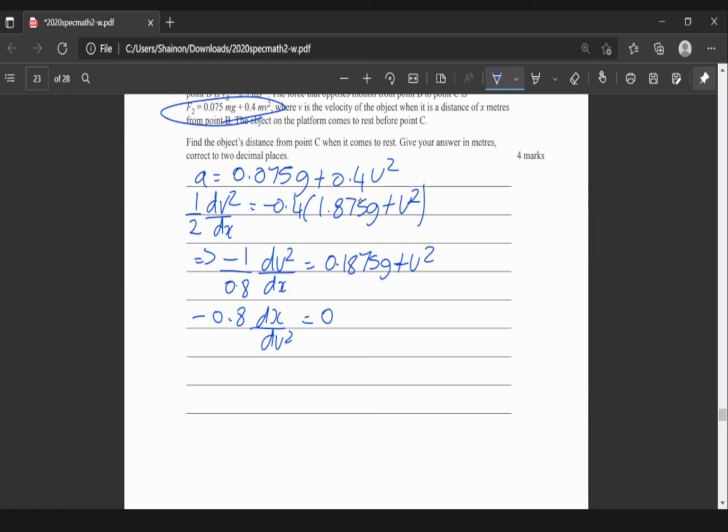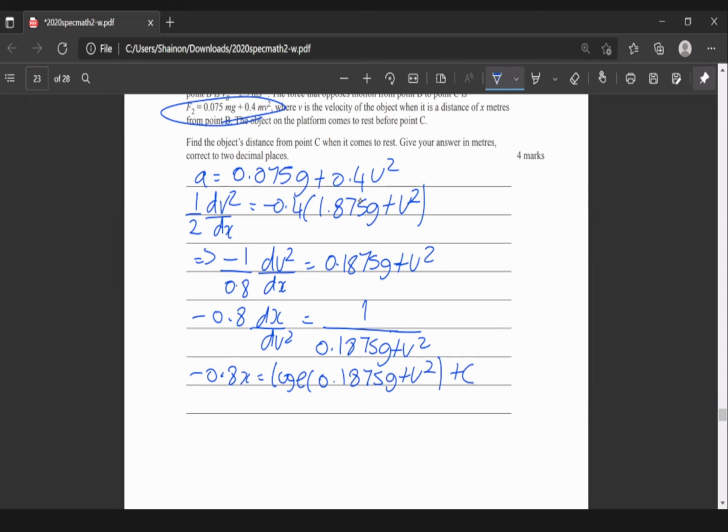If we want to integrate it, we have to have the same variable, so that's why I flipped it. Wait, I have to flip this as well: 1 over 0.1875g plus v squared. Then if we integrate this, it's going to be 0.8x equals log e of 0.1875g plus v squared, plus c.